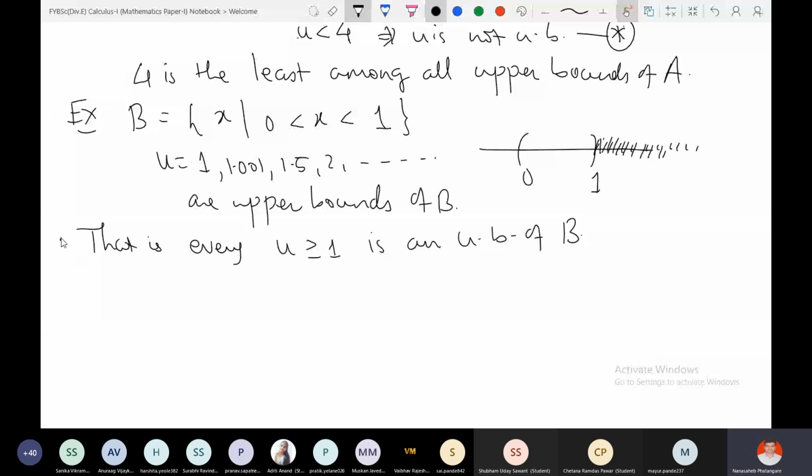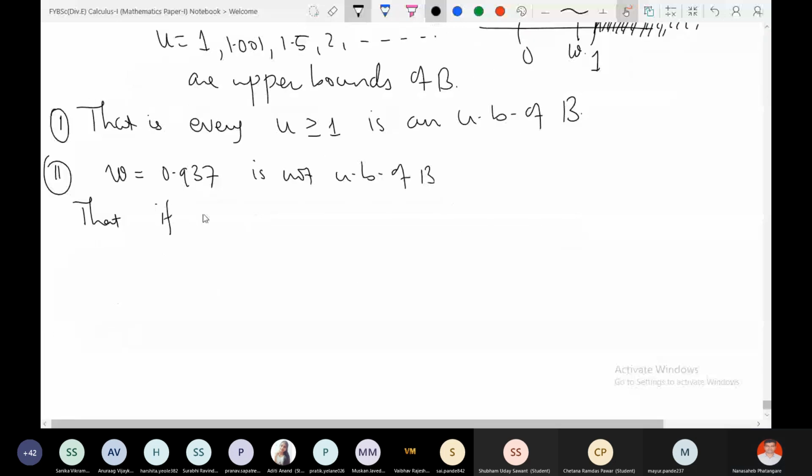Now, this is the first observation. What is the second observation? If I take W, 1 is the LUB, right? So if you select W equal to some number 0.937, then W is not an upper bound of B. That means if you select any number W smaller than 1, whether it is 0.9978 or very close to 1, once it is less than 1, what happens?